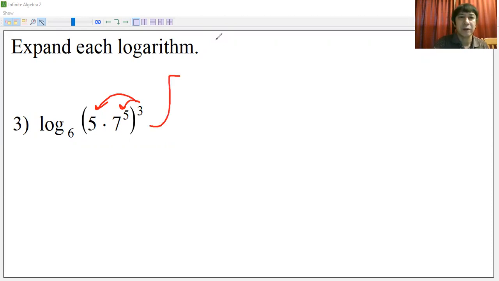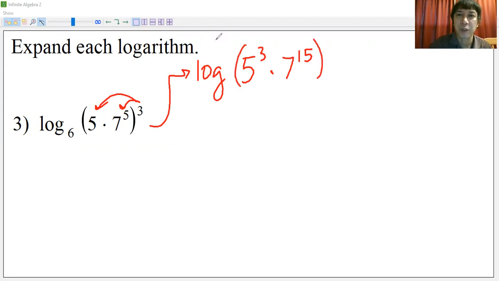So this will be a logarithm of 5 to the 3rd multiplied by 7 to the 15. Remember the law of exponents, so that will be 3 times 5, which is 15. This is now the entire expression, base 6.